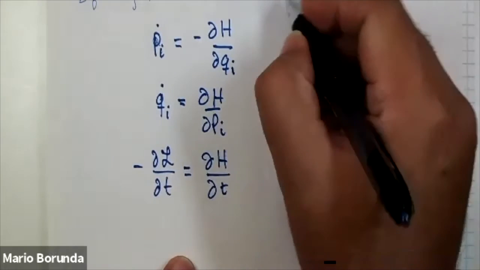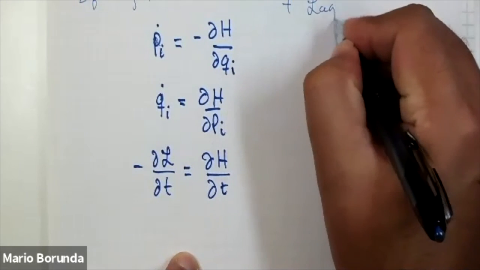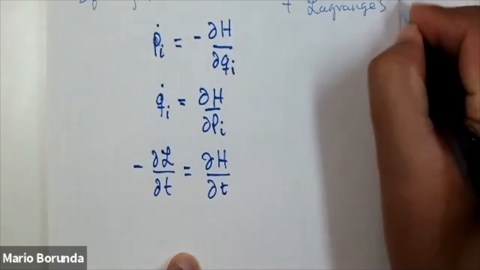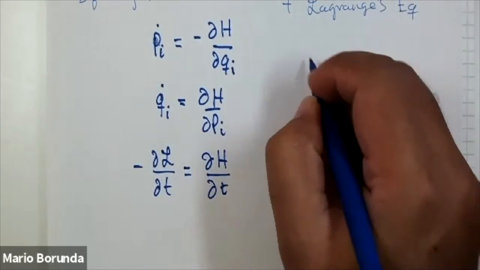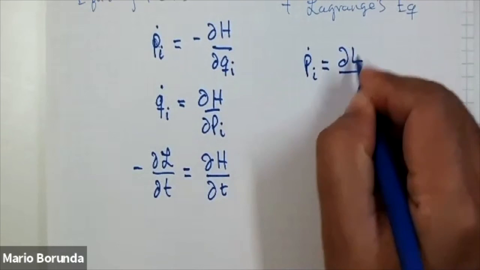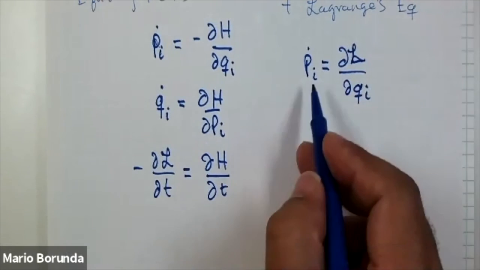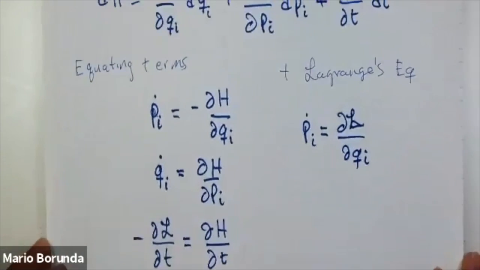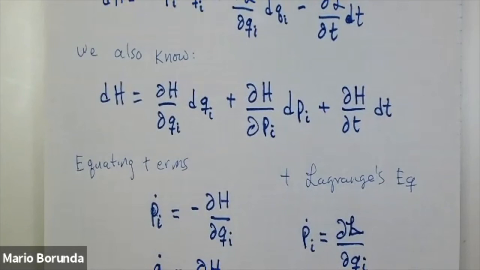So equating the terms, I get this, and then using the Lagrange equation. What do I know from the Lagrange equation? That's the one that gives me this point, right? So that's how I realize the connection between this term and this term.